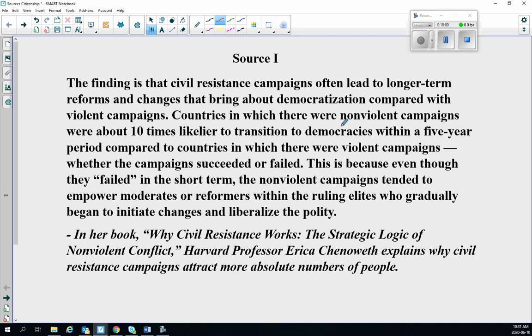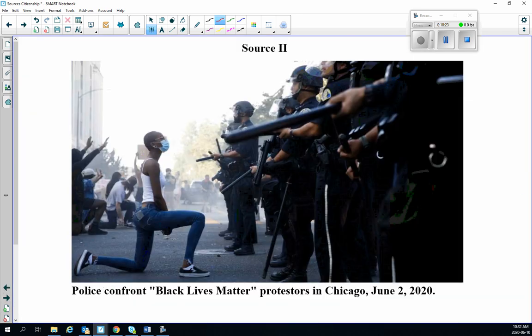It talked about the importance of civil resistance being non-violent, and that non-violent acts of civil resistance got what they wanted more often than the violent ones. So the violent revolution fails in the long term, whereas the non-violent campaign has lasting power. It has staying power. Source two, just from yesterday, the Black Lives Matter protest.